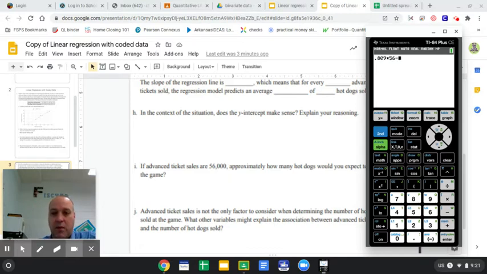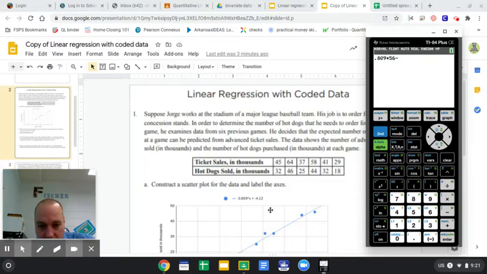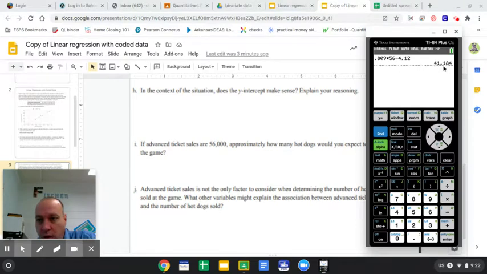And then it was minus, what was the equation? Minus 4.12. So we get 41.184. So remember, this is for every 1,000 hot dogs.